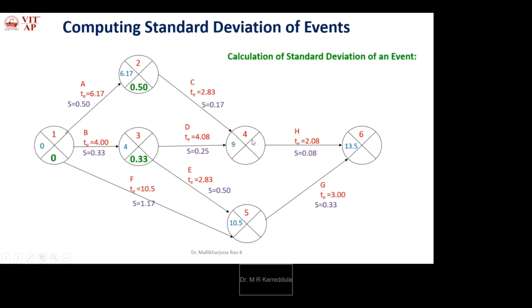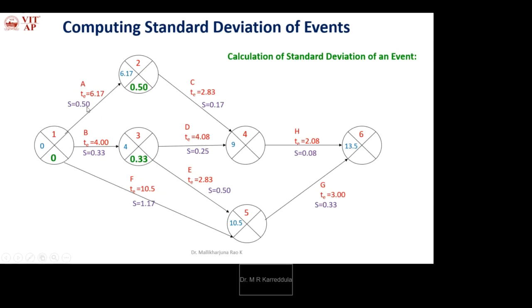How do we calculate if there is more than one previous event? We take the maximum of the square root of the sum of squares of standard deviations. 1 to 2 to 4 is one path, and 1 to 3 to 4 is another path.